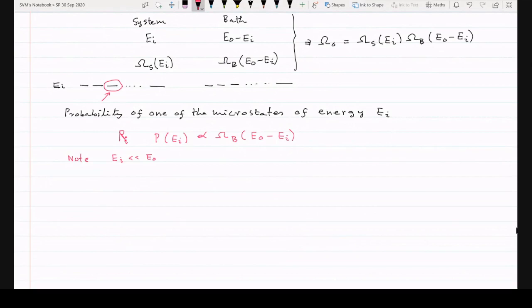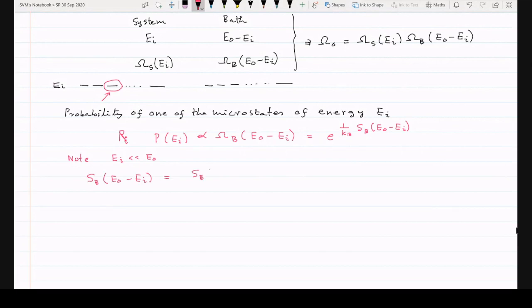And hence I can write this omega B as e to the power 1 over kB into SB of E0 minus EI, where SB is the entropy of the bath. Now I can write down this SB of E0 minus EI by expanding around E0.